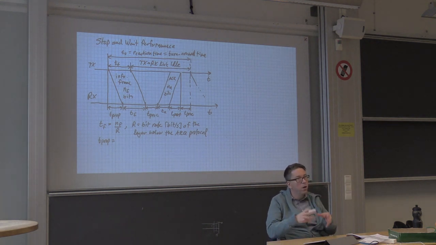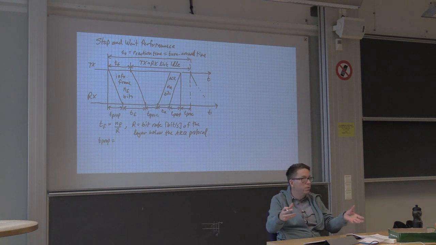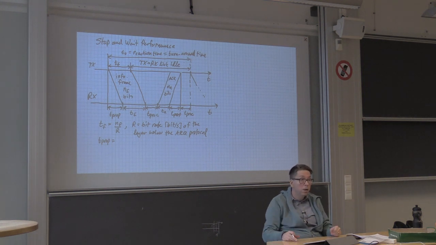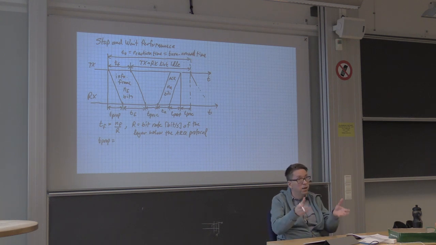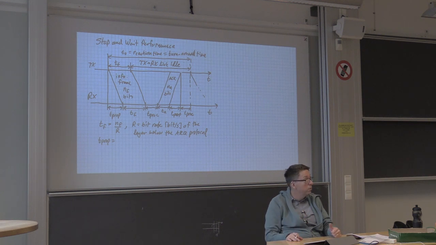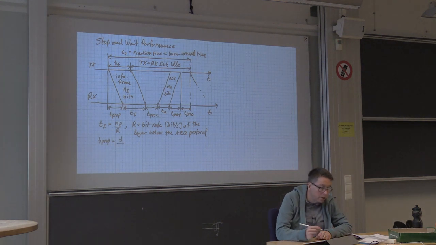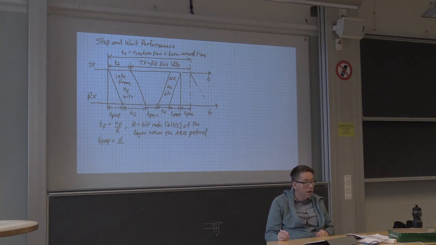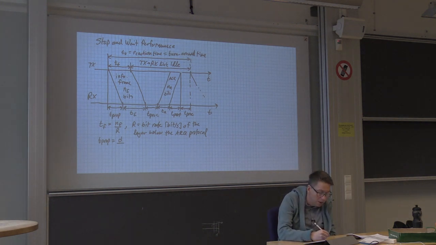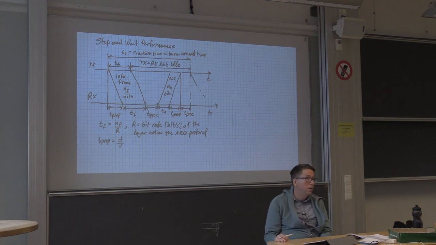And if there are multiple hops, I mean nodes in between, there might be a network between the end nodes, then there could be buffering delays and processing inside the routers that would add significant time to this. But in the simplest case, when we only have a distance D between the transmitter and receiver, and some propagation speed V, then the propagation time is just D divided by V.